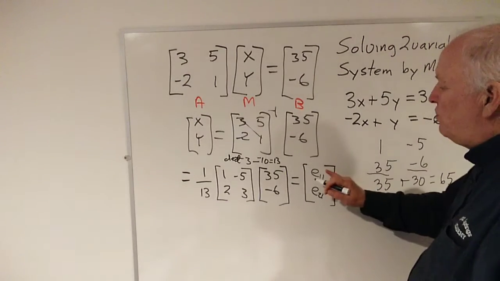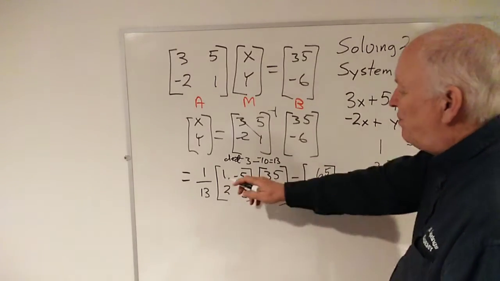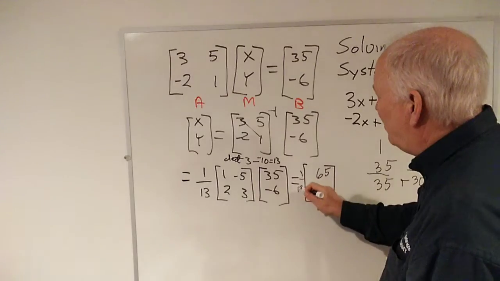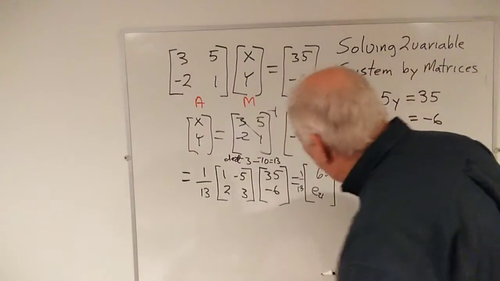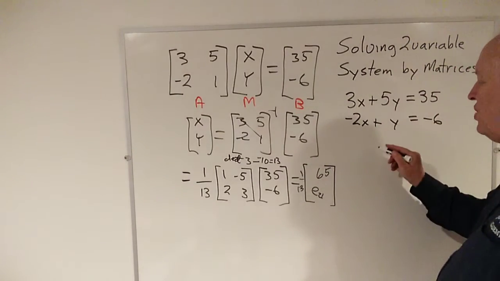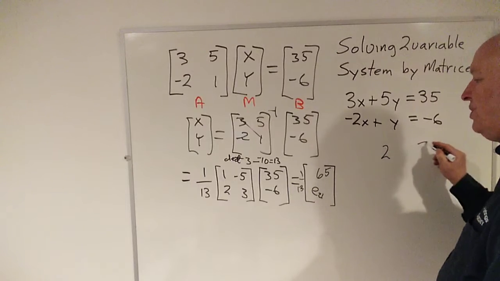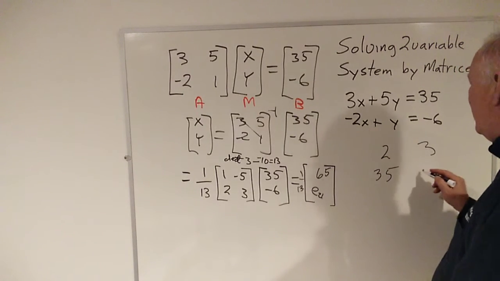So E1 is now 65. And don't forget we have the 1 over 13 out here. Now to find E2, I'm going to use the second row, negative 3, 3 times our constants, 35, negative 6.